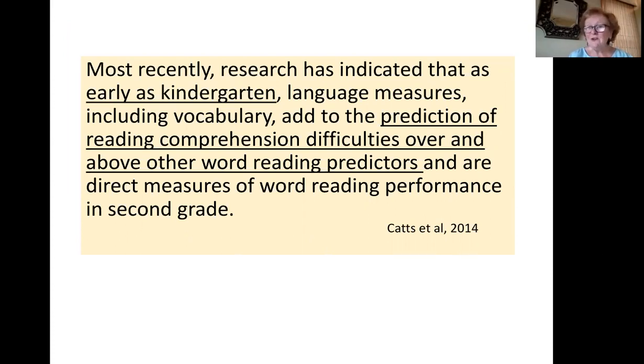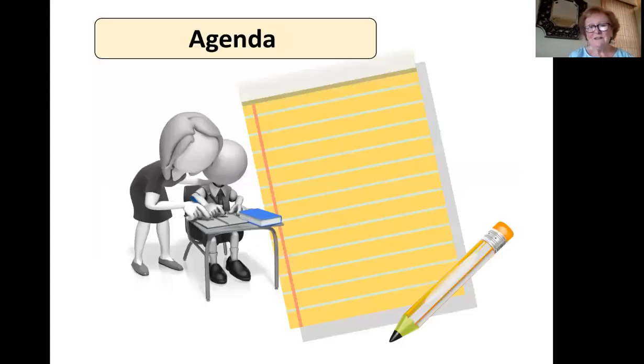As early as kindergarten, language measures, including those of vocabulary, add to the prediction of reading comprehension difficulty over time, above and beyond other word reading predictors. This has an important implication that we should be screening for vocabulary at an early age in order to identify those children who potentially may have difficulty with making meaning of text.